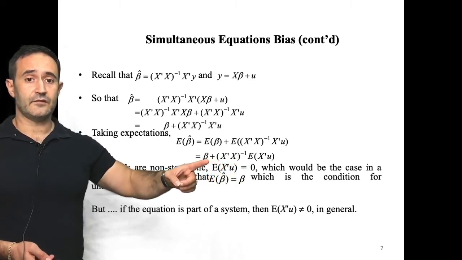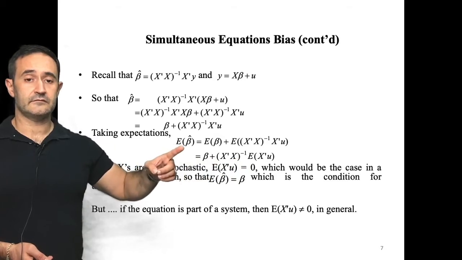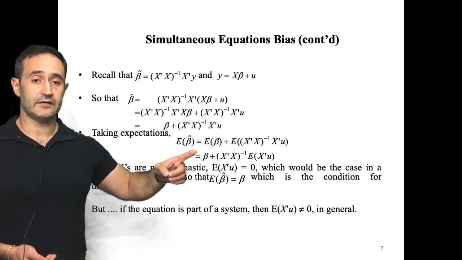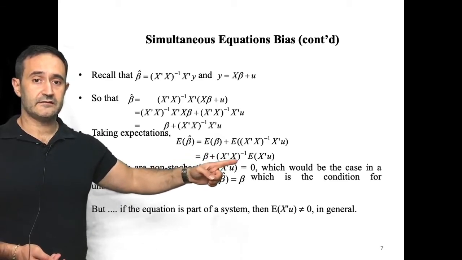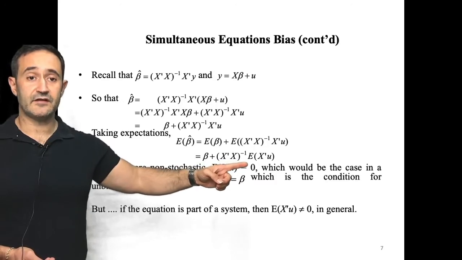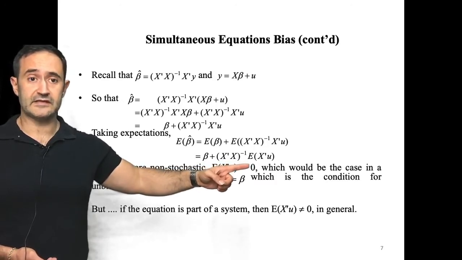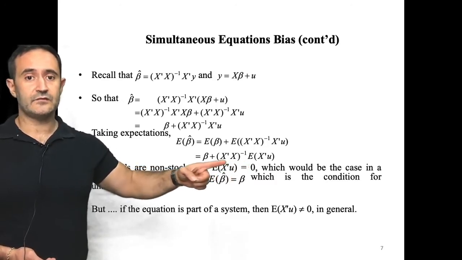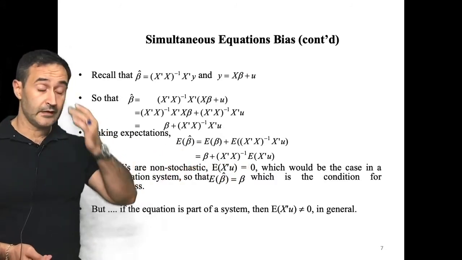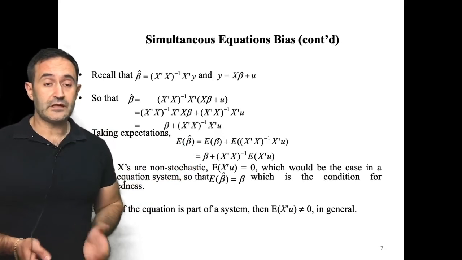Then the expected value for this beta hat is actually the real one. But if this expected value of X prime U is different from 0, that means that they are correlated, then we have what we call a biased estimator. So if that's the case, we have to do something about it.